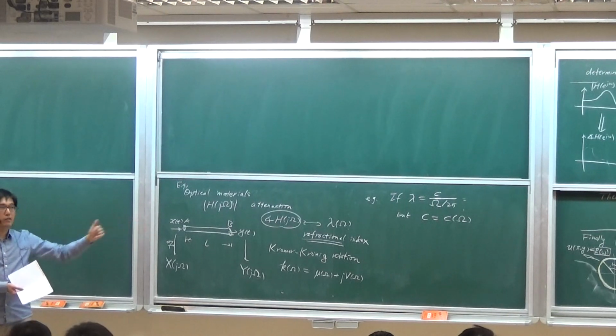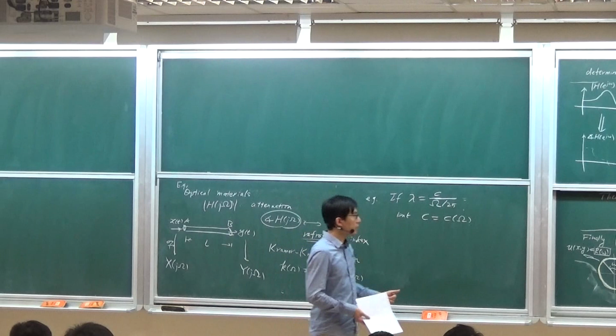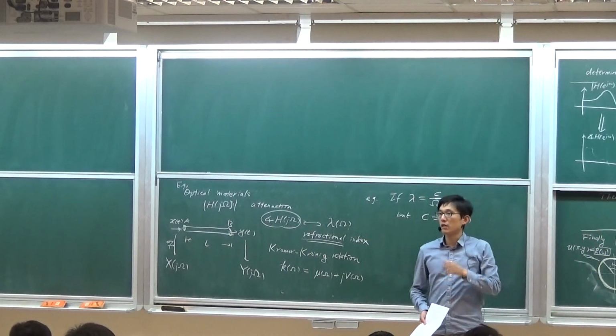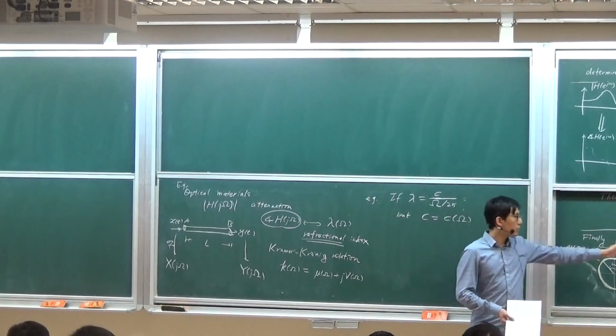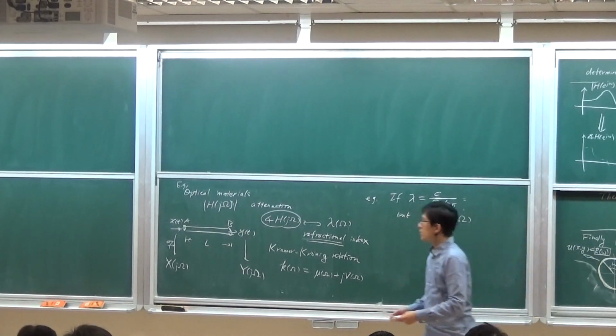Okay? And the third property is that for a minimum phase system, surprisingly, you can determine the phase response from the log of the magnitude response, because both of them satisfy the Cauchy-Riemann relation outside the unit circle.